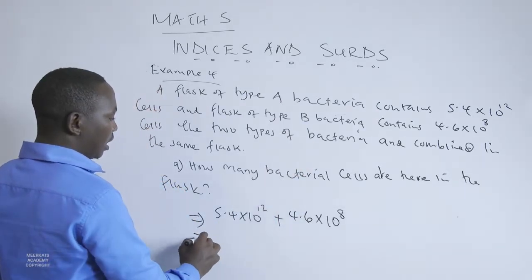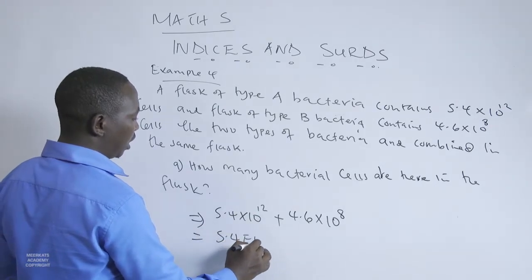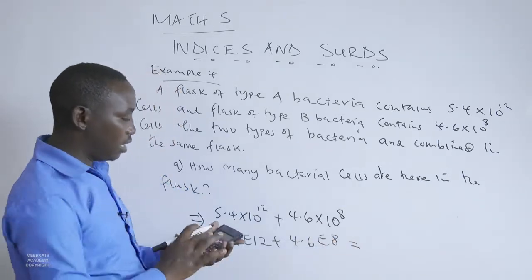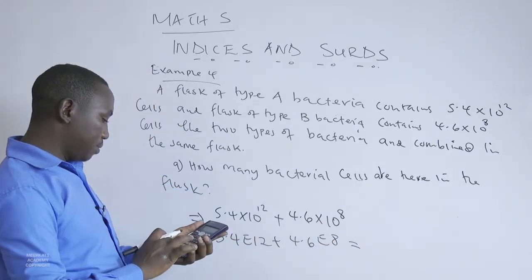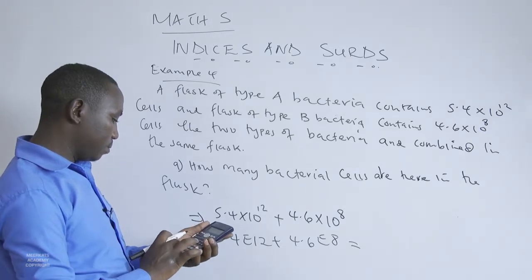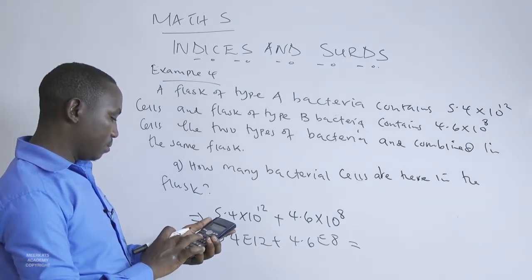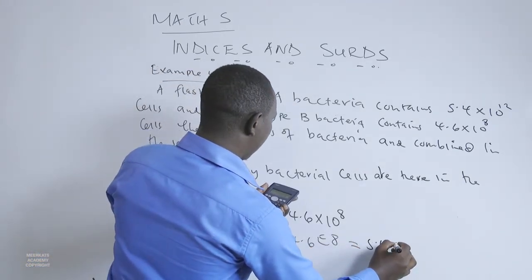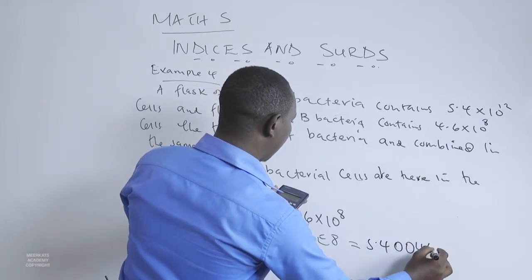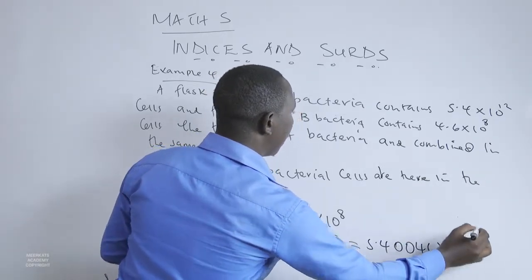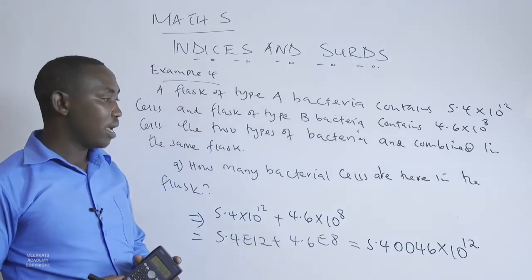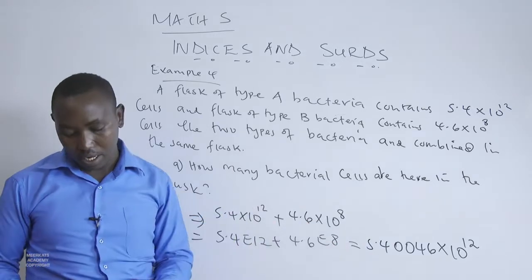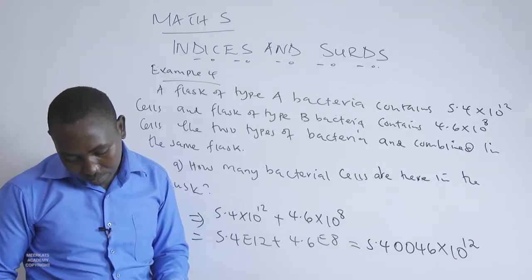Using the calculator, this will be 5.4 exponential 12 plus 4.6 exponential 8, and this will give us 5.40046 times 10 raised to 12 bacteria now combined in one flask.